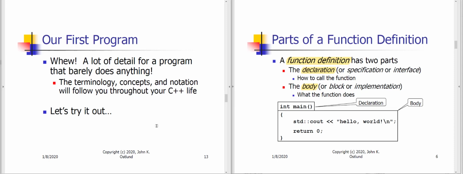Okay, so that's quite an enormous amount of detail for this tiny little program. But all this terminology that we've discussed and all the parts in here are going to be necessary to get right and will enable you to communicate with other people doing C++ programming so that you will know what they're talking about and vice versa.